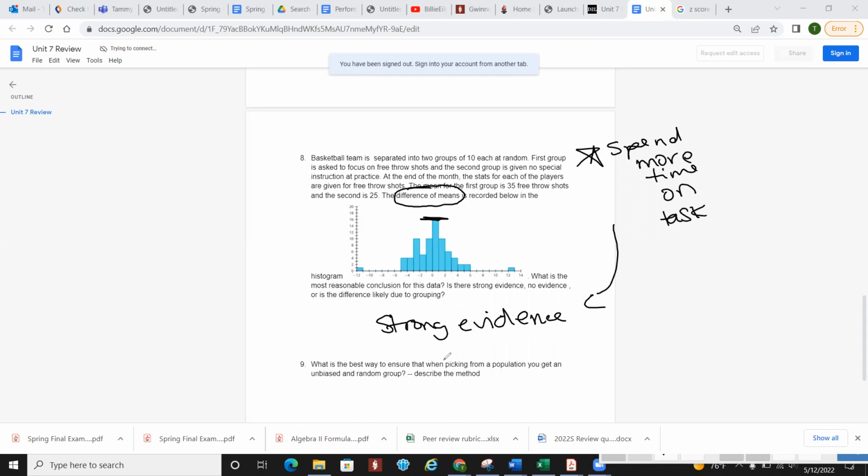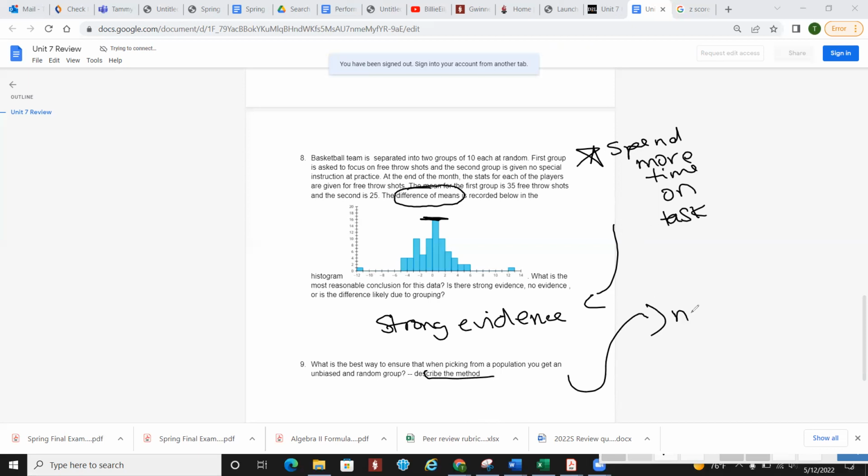All right, what is the best way to ensure when picking from a population you get an unbiased and random grouping? Describe the best method. All right, so what's the best method for picking a random unbiased group? Oh, there was a word for it. I forgot. Hold on, I know it. So what you would do, let's say I want to run an experiment in here.